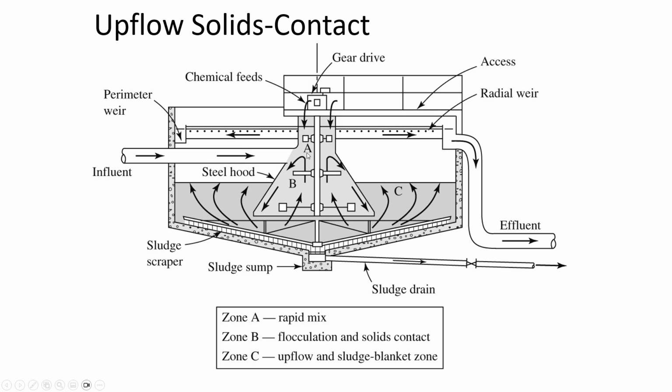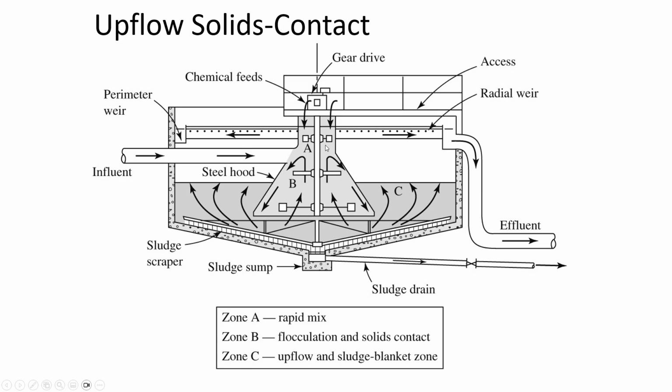And when it comes into this central area, which is shaped a little bit like an open-at-the-bottom Erlenmeyer flask, as the water comes in, there is a lot of mixing in the central section here. And so zone A, it's showing as rapid mix because we'd be feeding in chemicals with a high intensity of mixing.